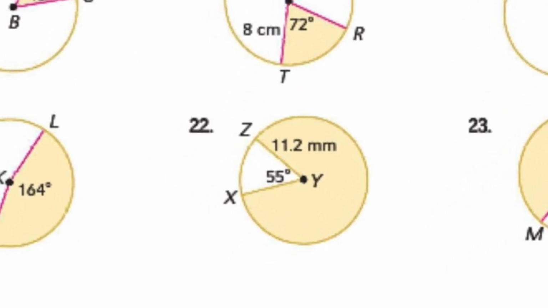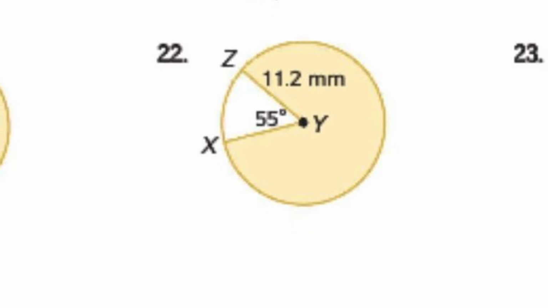Okay. Drop down, do number 22 at the bottom real quick. So how are we going to set this one up?